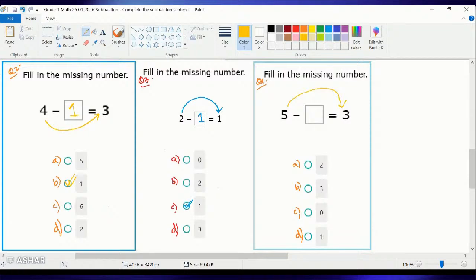5 minus 3 is, what is 5 minus 3, Precious?